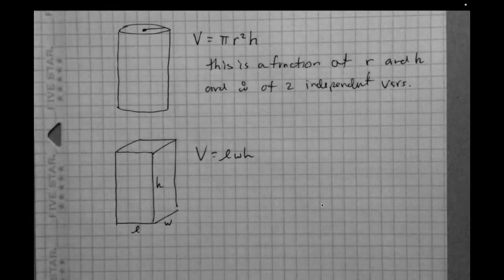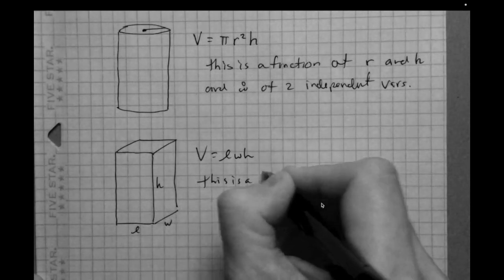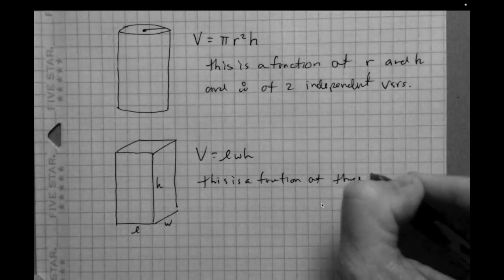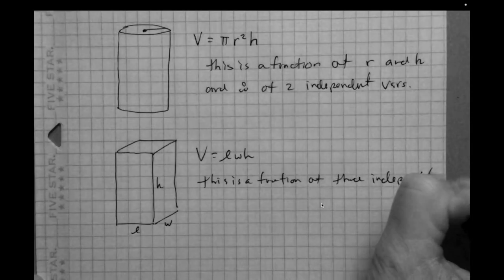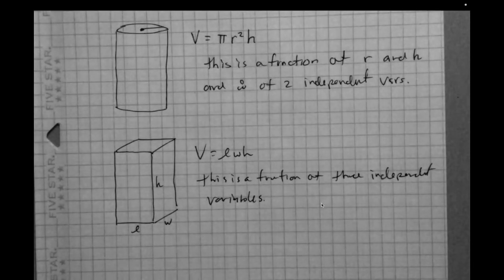All right, so this is a function of three independent variables. Now what we're going to be moving towards is going to be more general. These are examples from geometry that we are somewhat familiar with, but what we're going to move towards are going to be more general things.